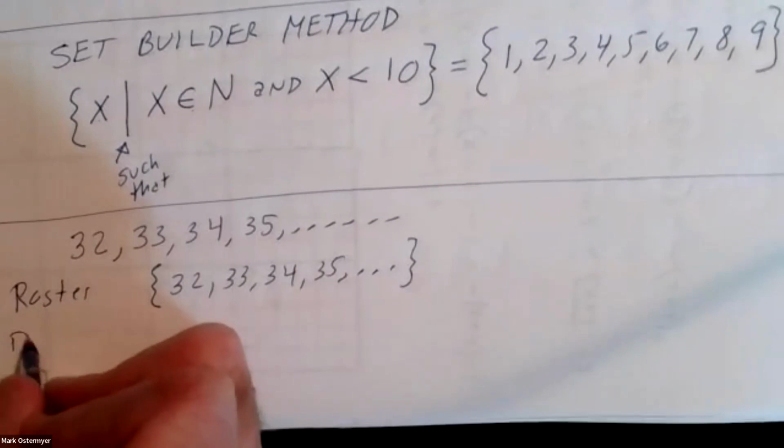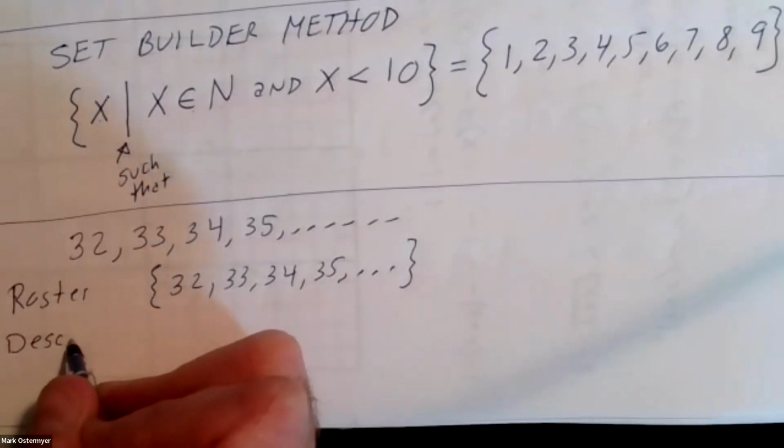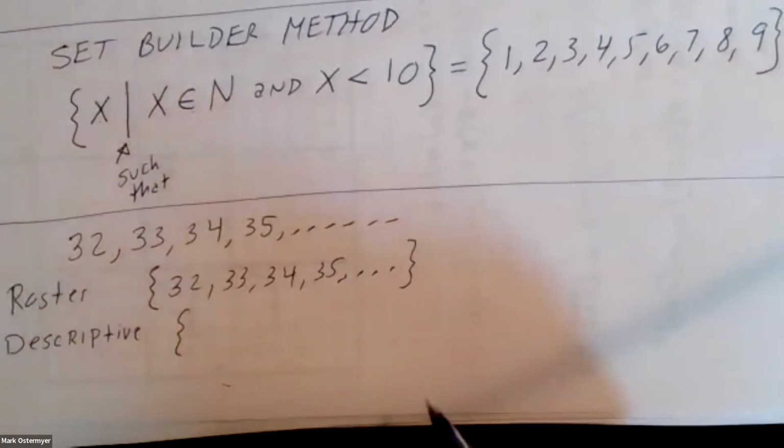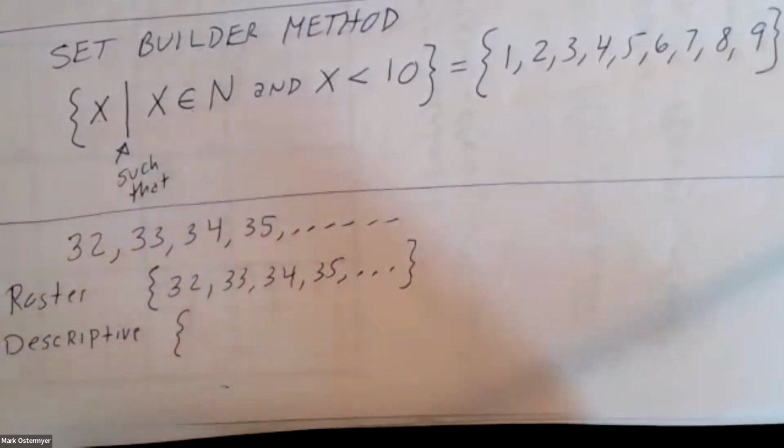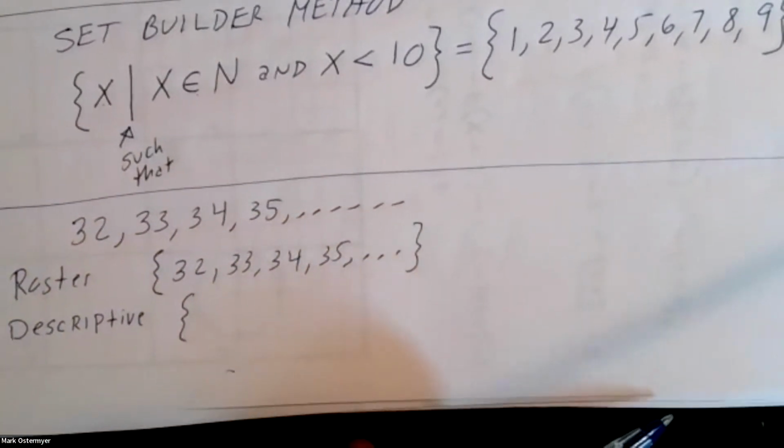The descriptive method, how could we in words describe these numbers? Anybody? How could we in words describe these numbers? Well, they are natural numbers, are they not?